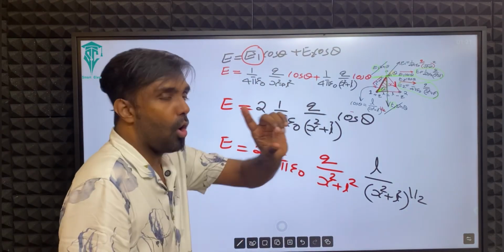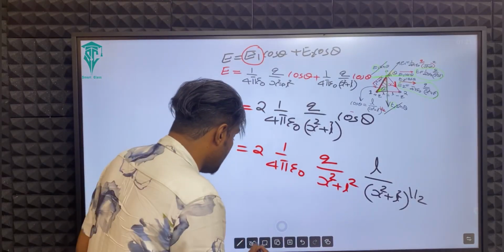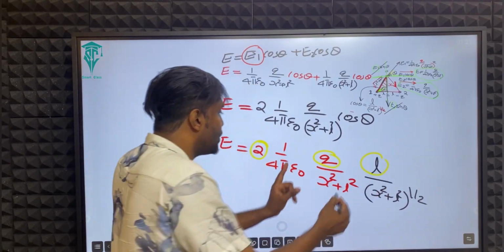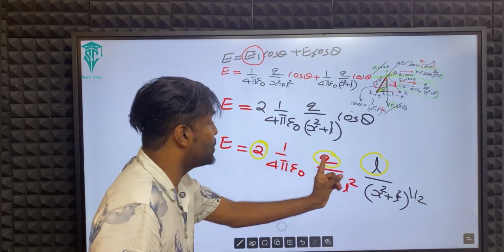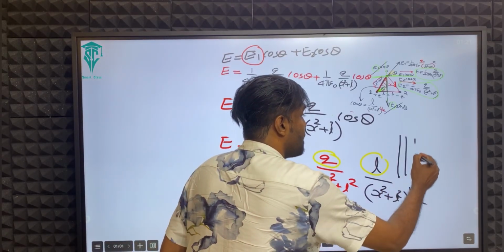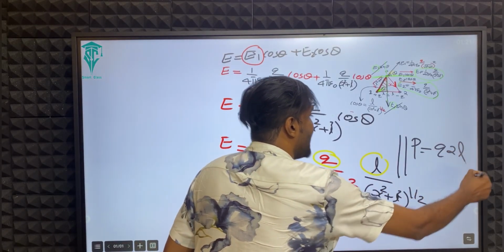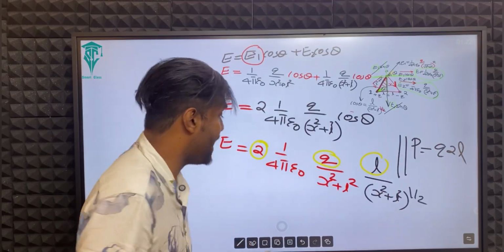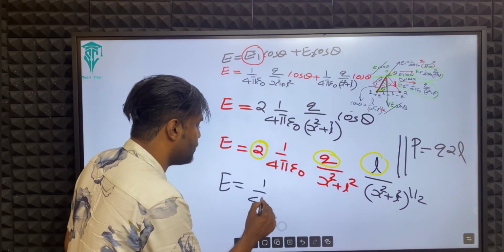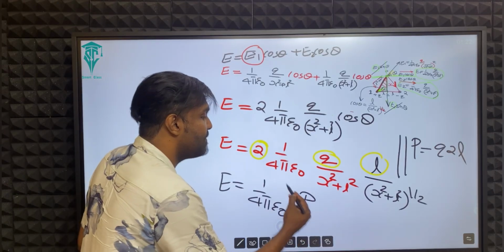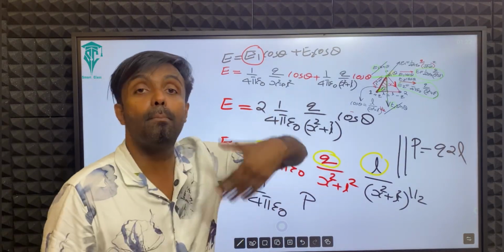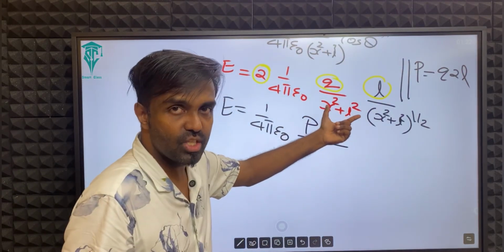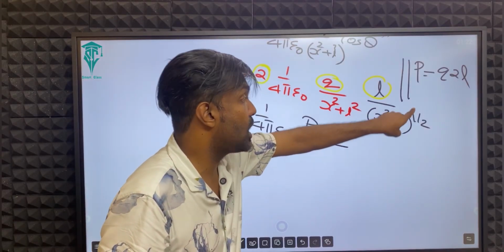Guys, it's very simple. Two things I'm going to do. The first thing: these values, q into 2L, we know that the dipole moment is q into 2L. So instead of these, I will write E is equal to 1 by 4 pi epsilon 0 P divided by the denominator, x square plus L square into x square plus L square the whole raised to 1 by 2.